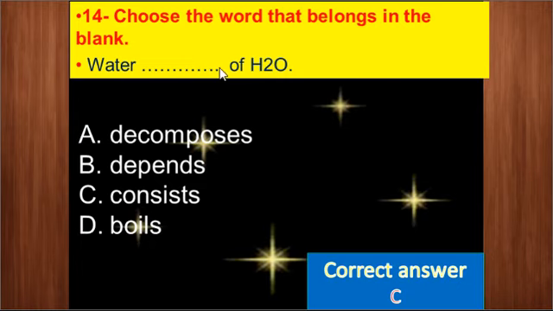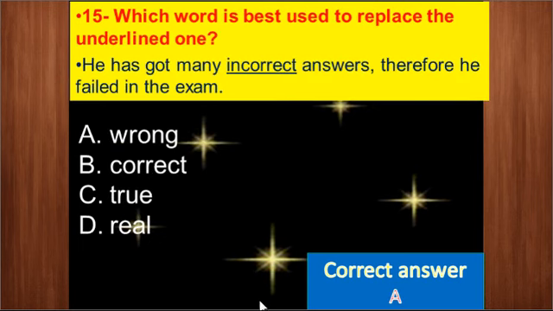And the phrasal verb in the same way, consists of. Now here we have to replace the word incorrect with its opposite, and the answer is B, correct. He has got many incorrect answers, therefore he failed in the exam.